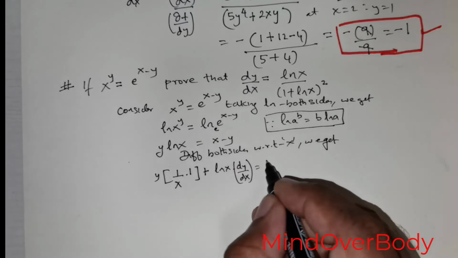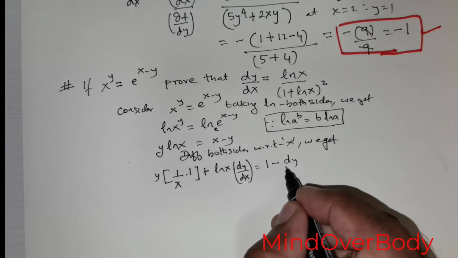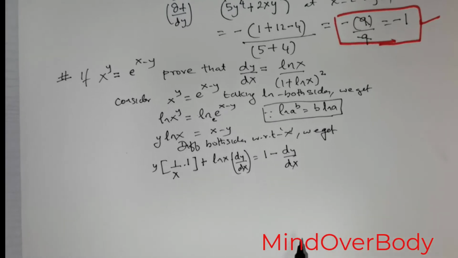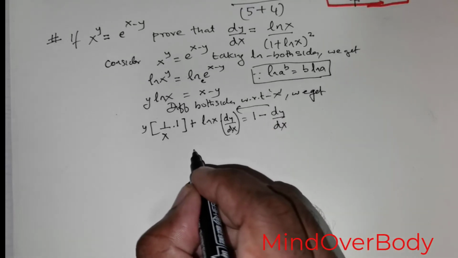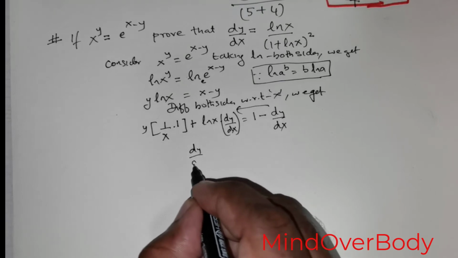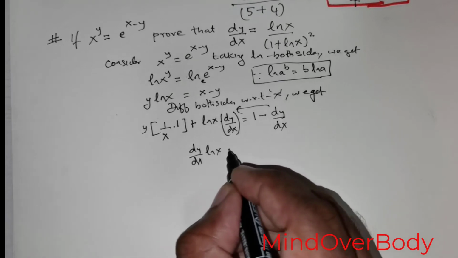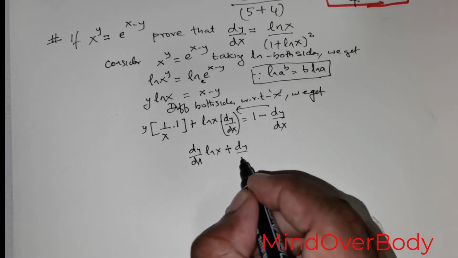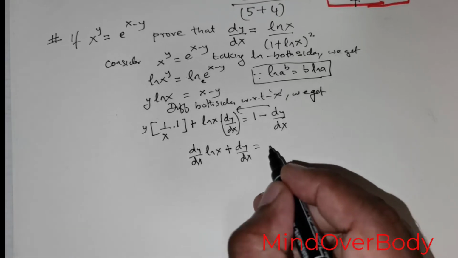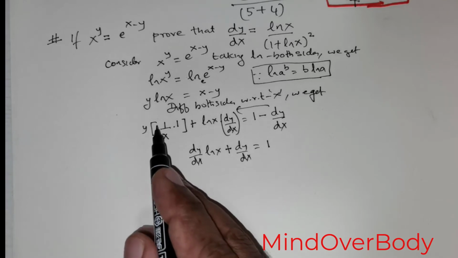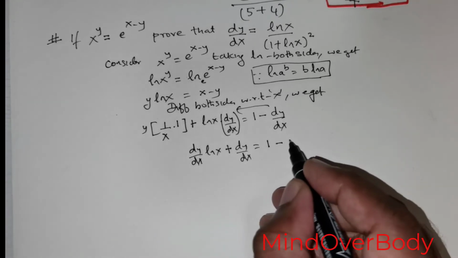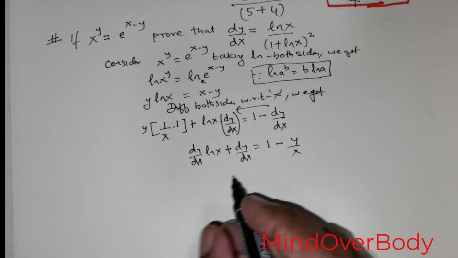This is equal to the differentiation of x, which is 1, minus the differentiation of y, which is dy over dx. Now I'm going to move this dy over dx to this side. So I get dy over dx times ln x, plus dy over dx, is equal to 1 and y times 1 over x, so I can push that. So this is what I've got.